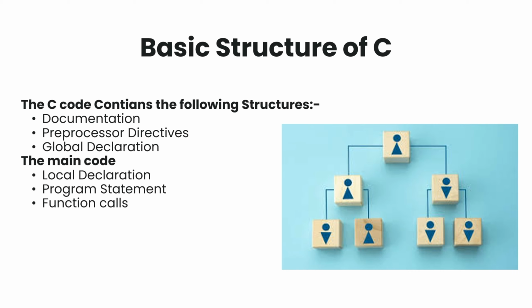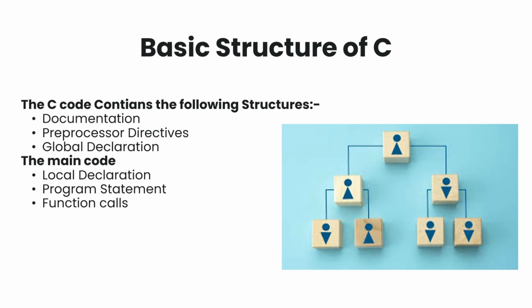Now, let us understand the basic structure of C programming in detail. So, the documentation section helps in providing the comments and explaining the program. Then the preprocessing directives include the hash include, hash define statements. Global declaration is declaring the variables and functions globally.